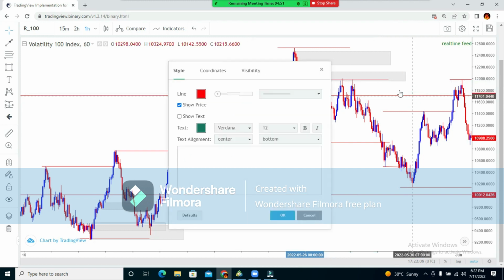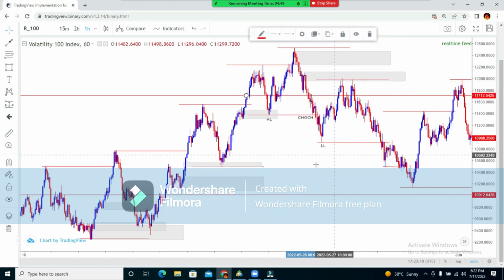Sorry, when you say other block, what do you mean by other block? Okay, so other block, like I said, after you see your break of market structure for a buy trend, the last sell candle before the break is called an order block, but that one is called the bearish. There's the bearish order block, there's the bullish.